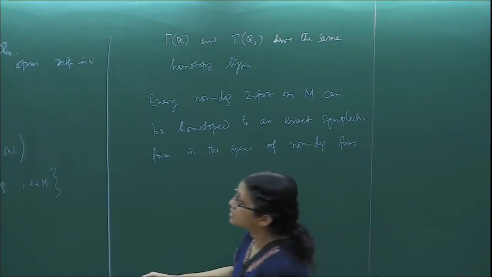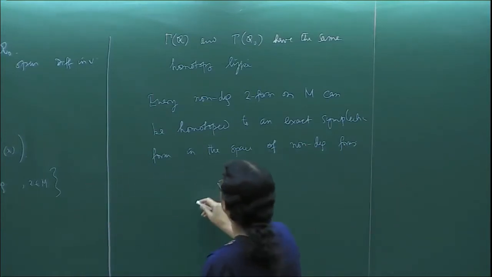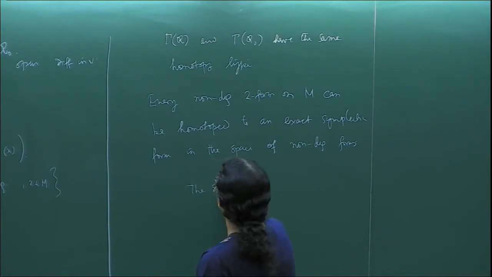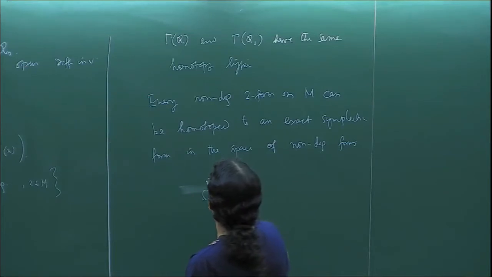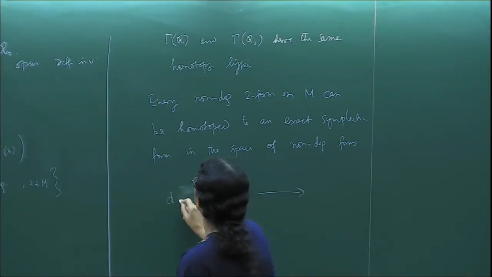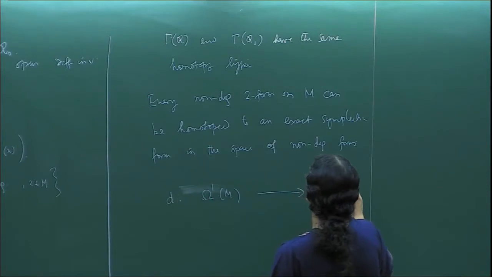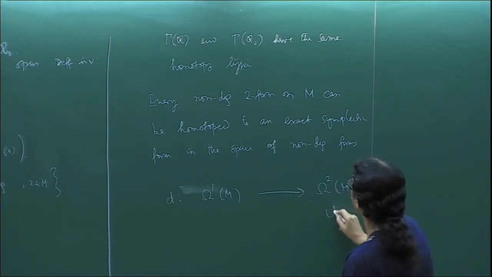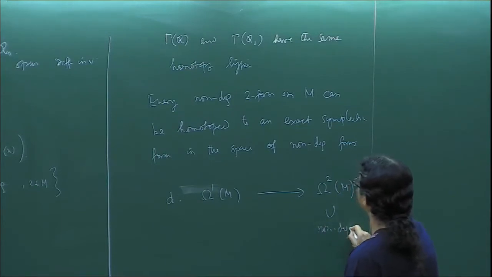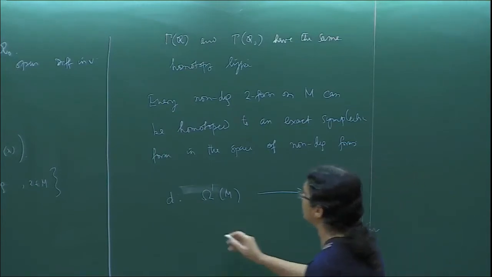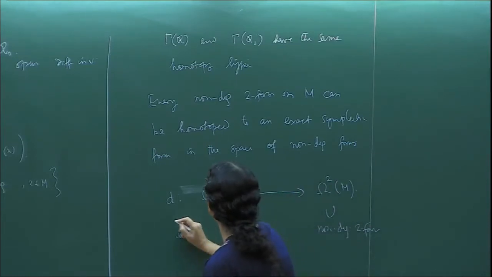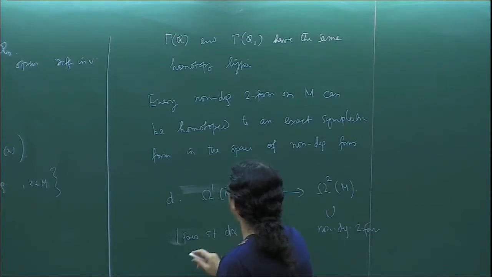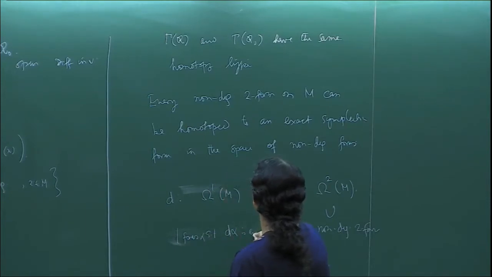So here I will be having the space, this is omega 1 M, and I consider d going into omega 2 M. Here I consider the non-degenerate 2 forms, and here I consider the 1 forms such that d of alpha is exact.